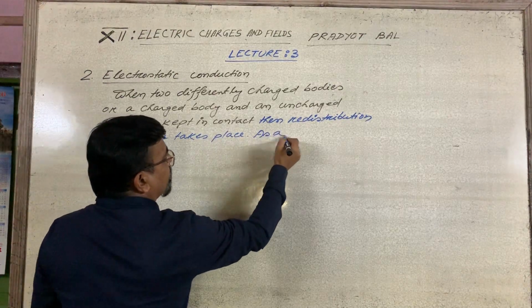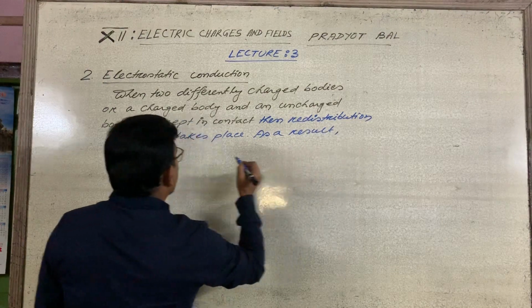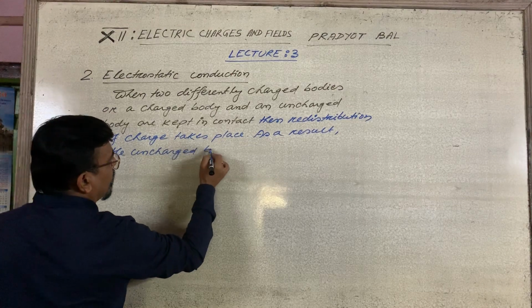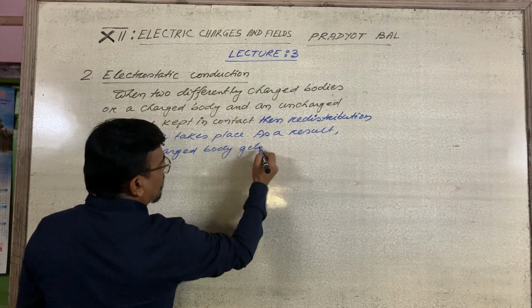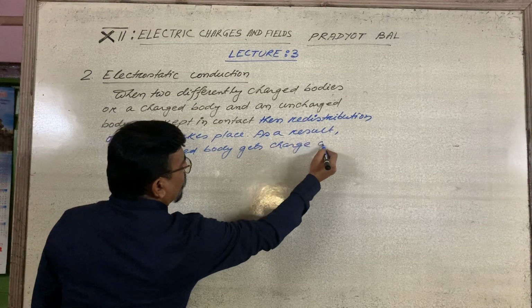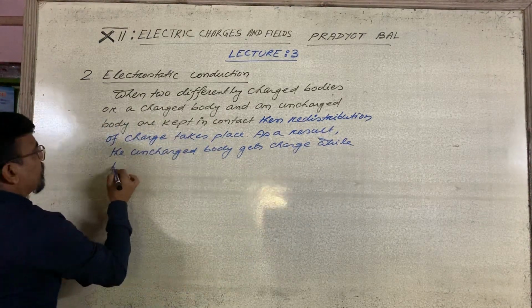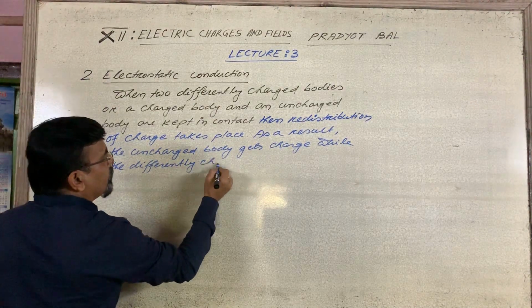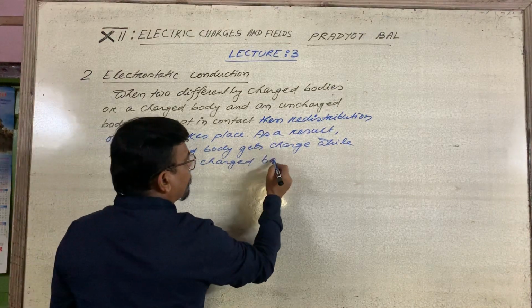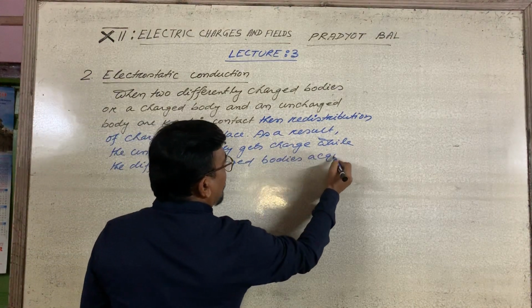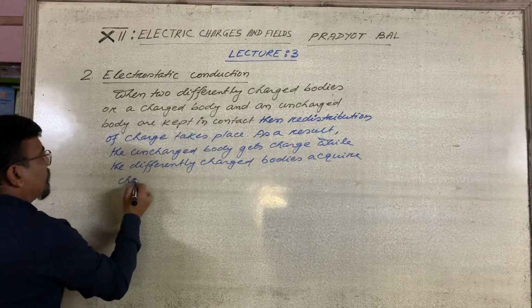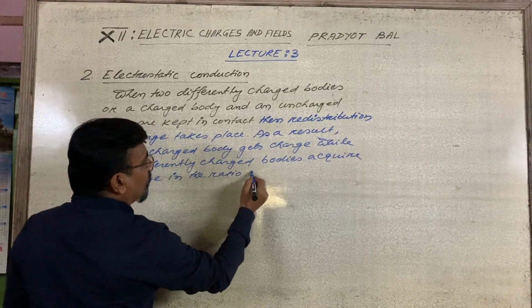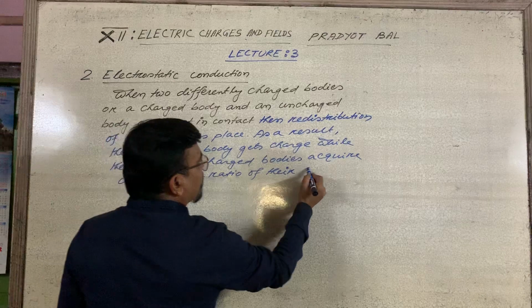As a result, the uncharged body gets charged, while the differently charged bodies acquire charge in the ratio of their capacities.